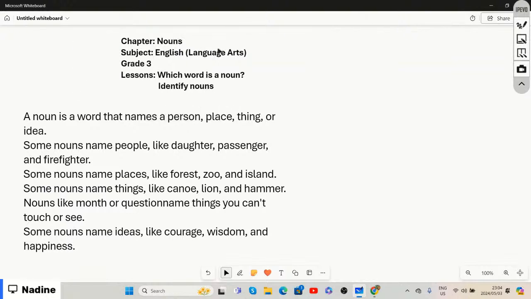All right. So our chapter is nouns. Our subject is English language arts. Grade 3.